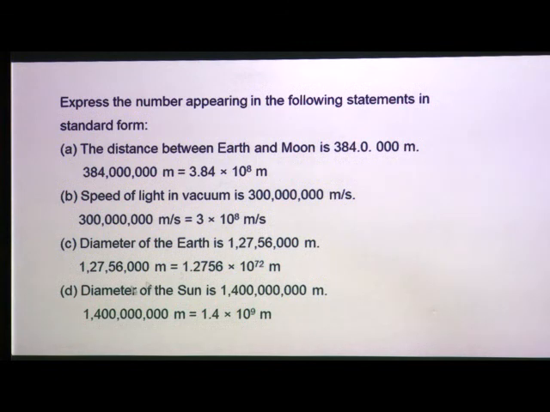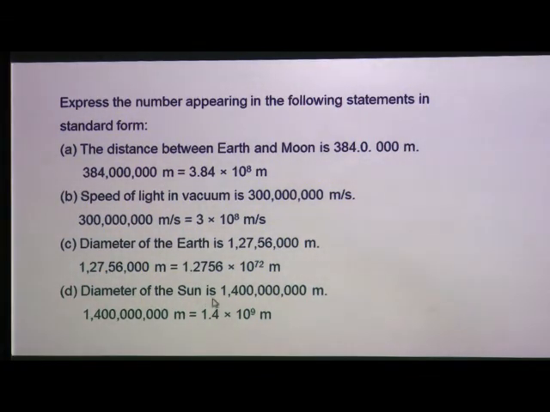So, in this way we can write in exponential form, which will be easier to read. The diameter of the sun is given in meters. We cannot easily read a large number if we write it in decimal form, but in exponential form it will be easier to read as well as to convert.